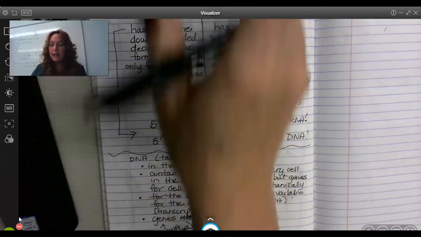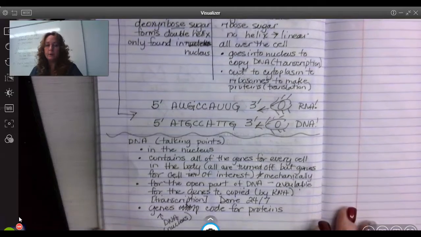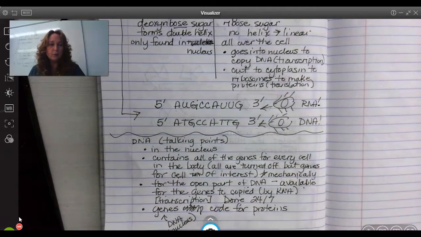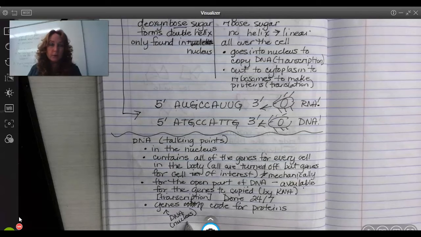It's kind of like when you go to the library and you have a reserve section, the books that are really important that they don't ever let anybody check out. You're welcome to use them while you're there, but you're not taking them out of the library. If you want any information, you'll have to copy it down. That's exactly what DNA is like. So DNA's in the nucleus. It's too important to come out.